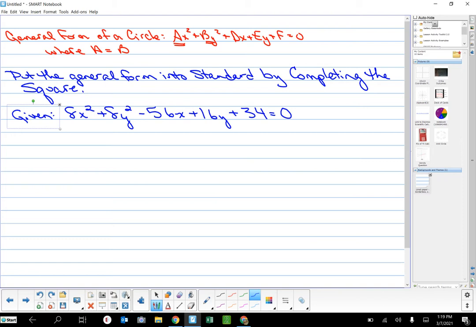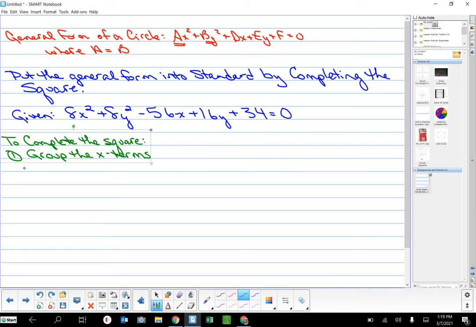So to complete the square, there's some steps that you're going to want to follow, and we're going to be doing this for every conic. So 1, we're going to group the x terms into a set of parentheses.